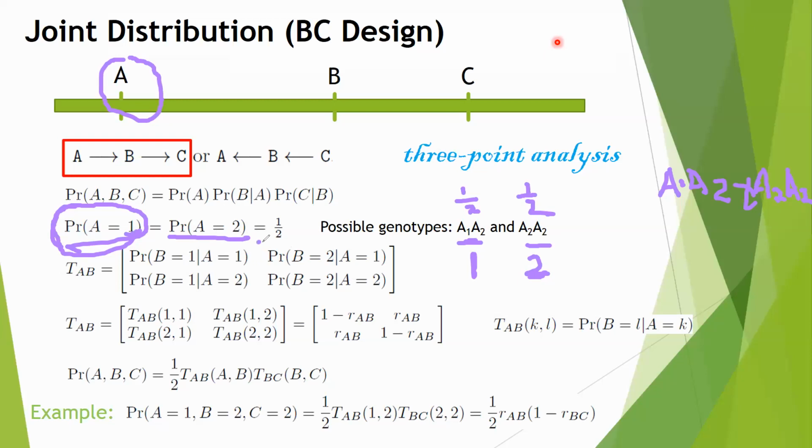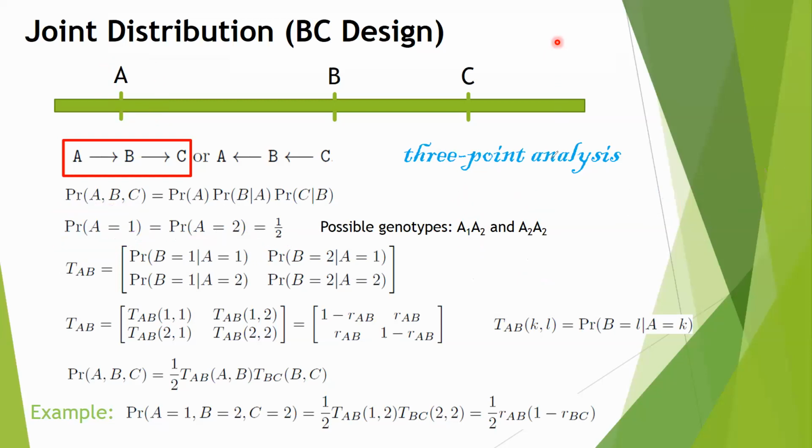They are both 1/2, the equal chance, because this is a backcross design. Any questions here? Okay, very good.